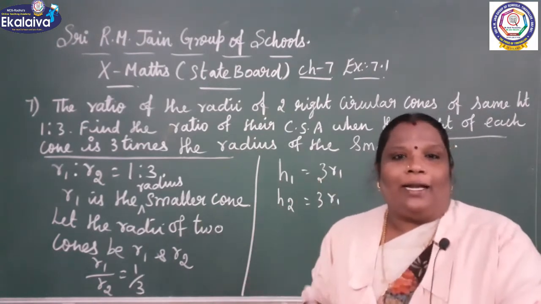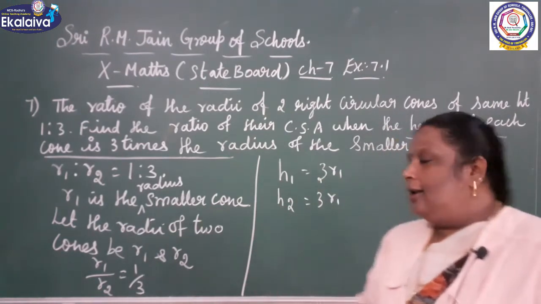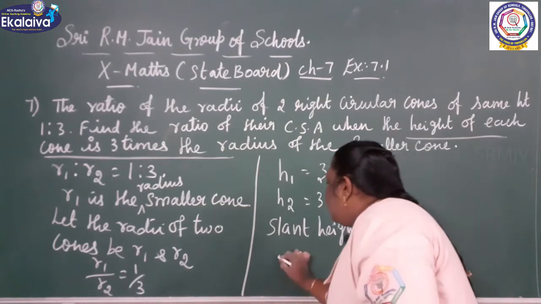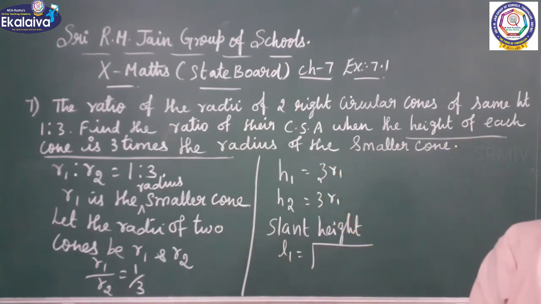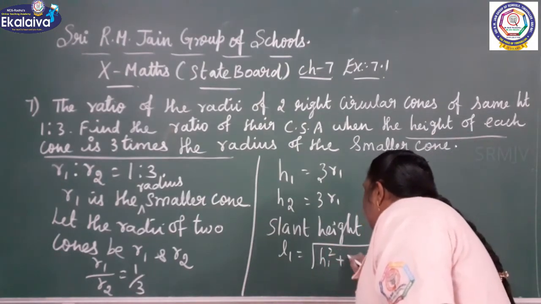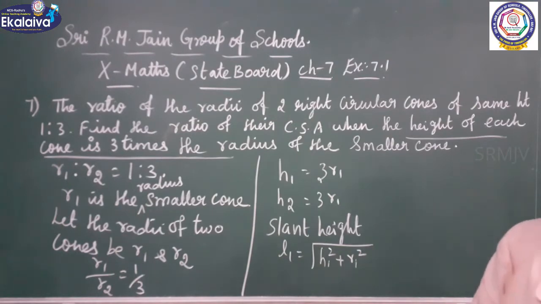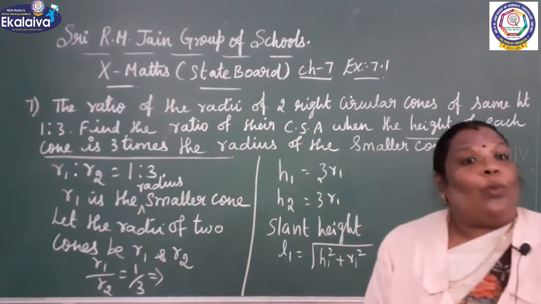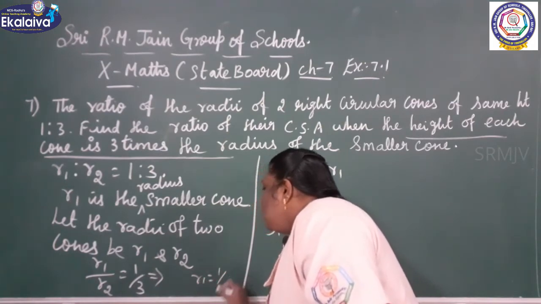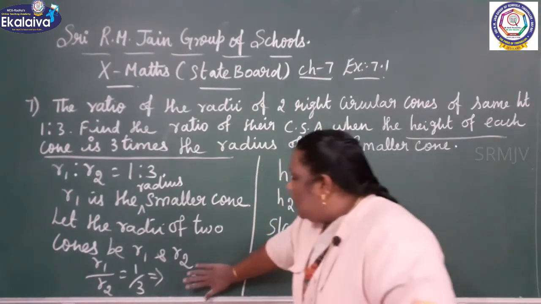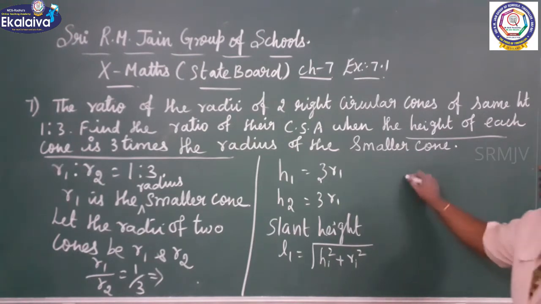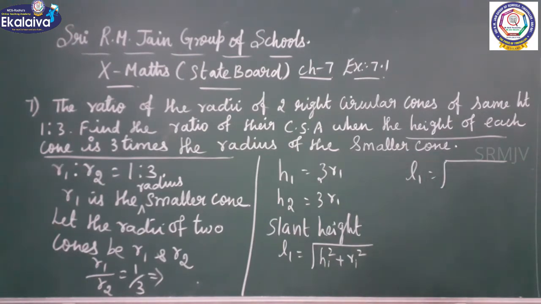Now we are going to find the slant height, because the curved surface area of the cone formula is pi r L. So slant height L1 equal to root of H1 square plus R1 square.